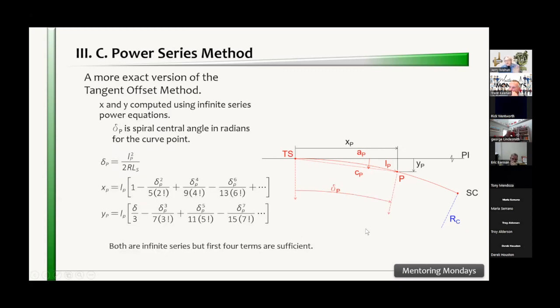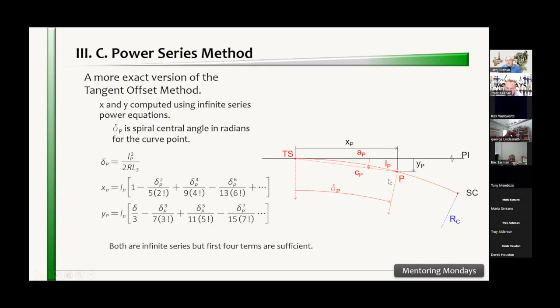The best method to compute it, and this doesn't matter how long the spiral is, whether we're using a short spiral or a long spiral, is to use the power series method. And this basically takes into account the geometry of a spiral. This can get to be a pain because it's got 2 infinite series equations associated with it.